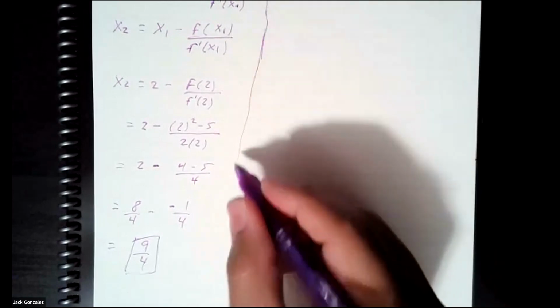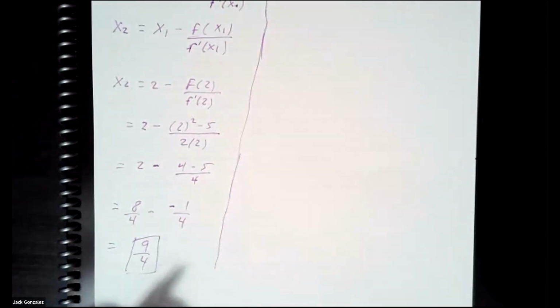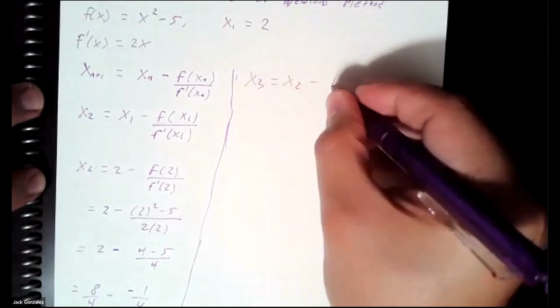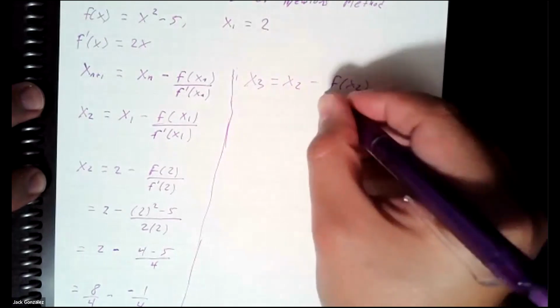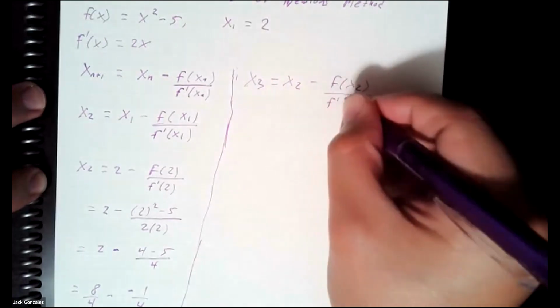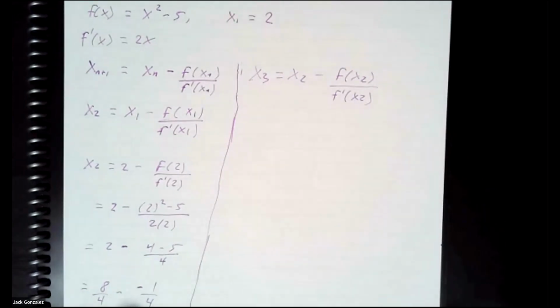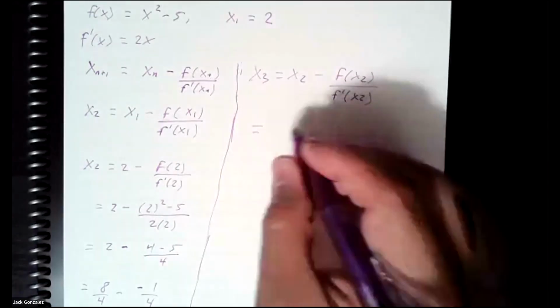So now let's do x3 over here somewhere. x3 is equal to x2 minus the function at x2 over the derivative at x2. So you can see how this is pretty tedious, right? This is why computers do it for us, because it's annoying.